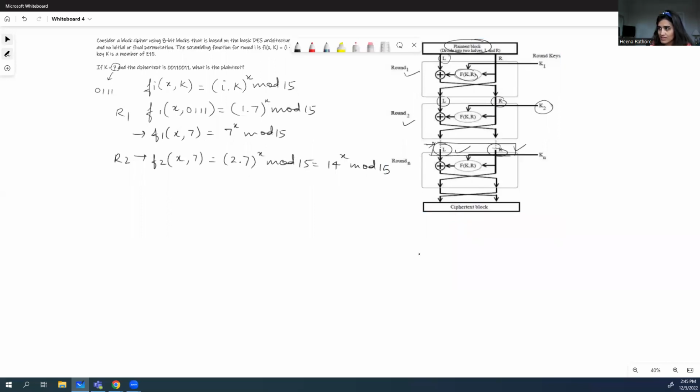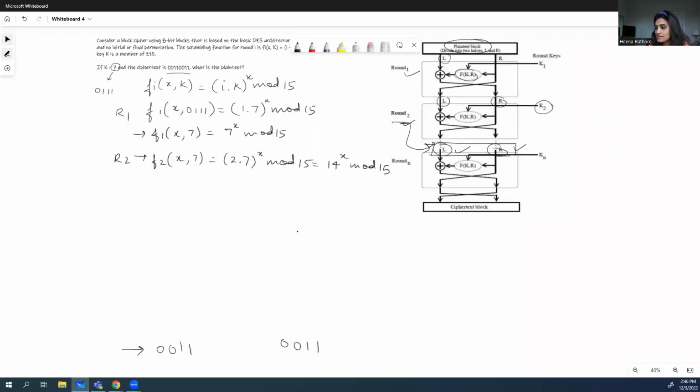Here the ciphertext which we are given is 00110011. So we will start with the ciphertext at this particular round. This is given. So our left bits are 0011 and our right bits are 0011. This is the ciphertext given to us. Next, we have to apply a function.